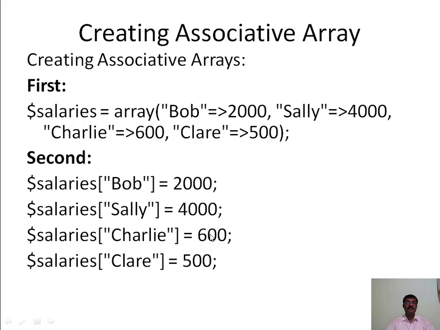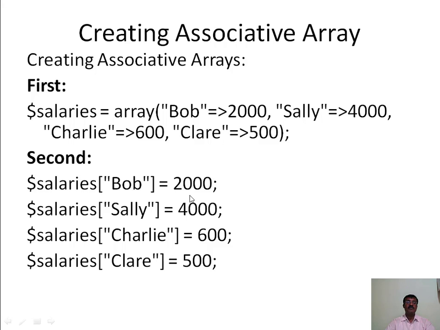Creating associative array. We already know how to create an associative array. Here I have specified two methods. The first method is creating an associative array using the array construct. Within the parentheses of the array construct, I have mentioned the key and value pairs. These key and value pairs are separated with an arrow operator. In the second method, I am going to create an associative array by assigning values.